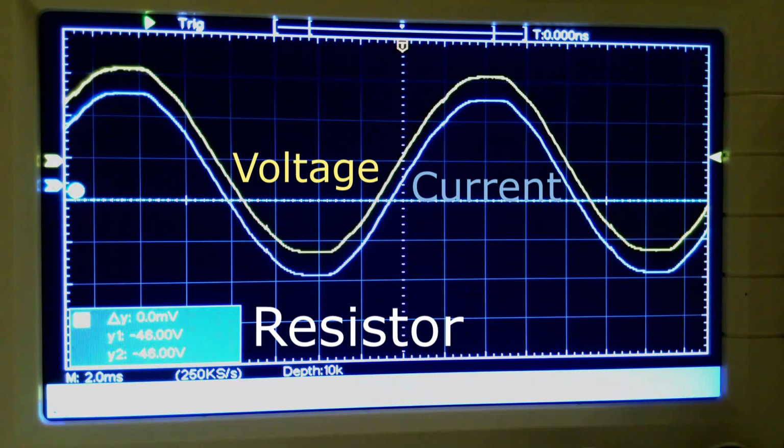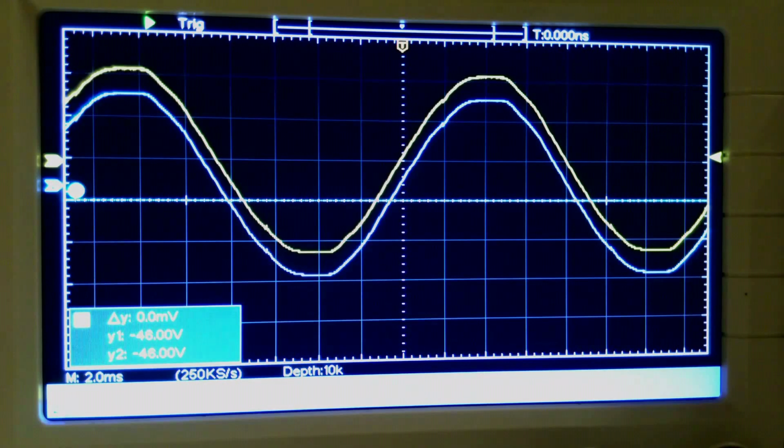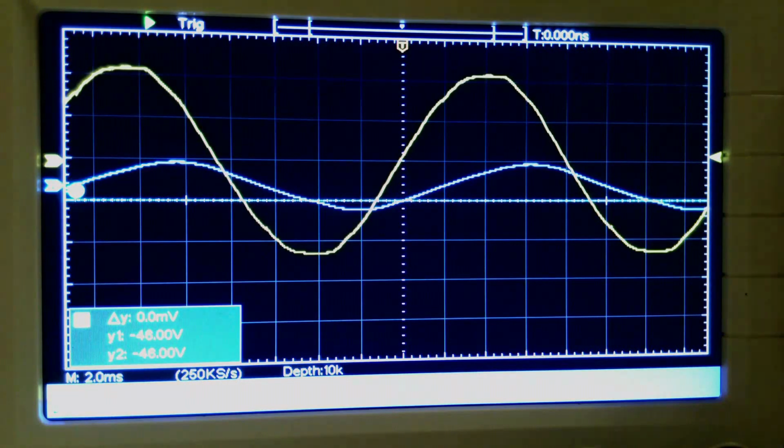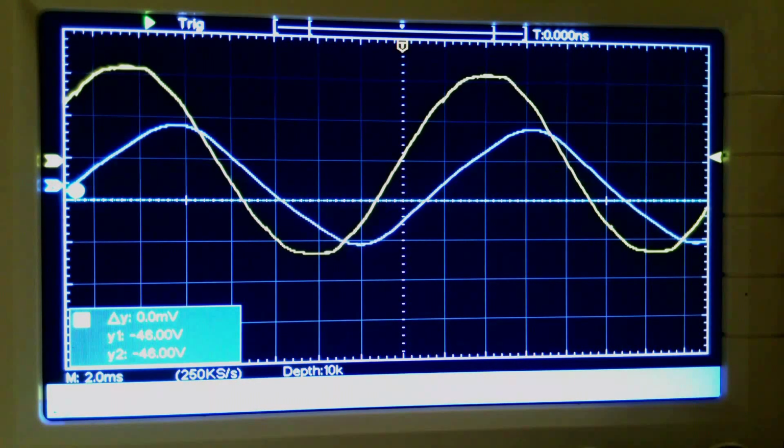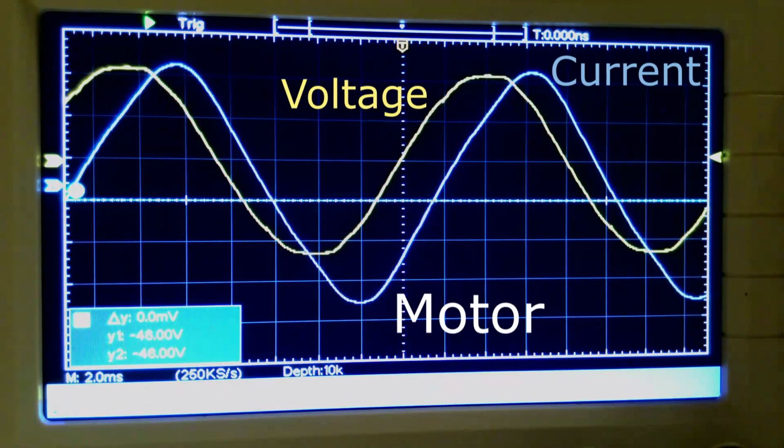Now I'm going to bring the motor into the circuit, so we'll have the motor in series with the resistor. And now you see the current for the circuit lags the voltage, meaning the yellow line representing the voltage peaks before the blue line, which represents the current.